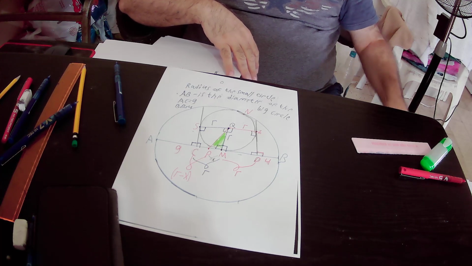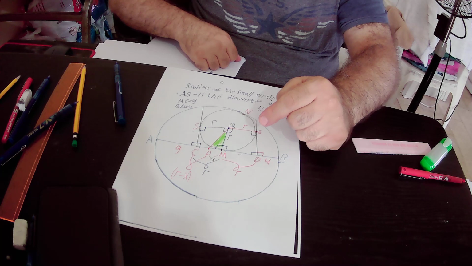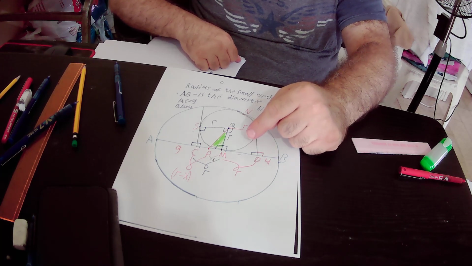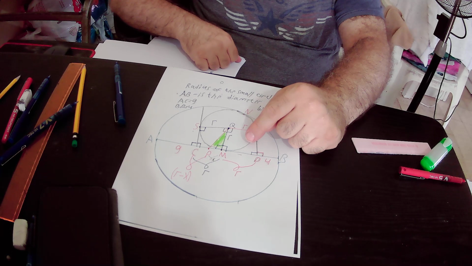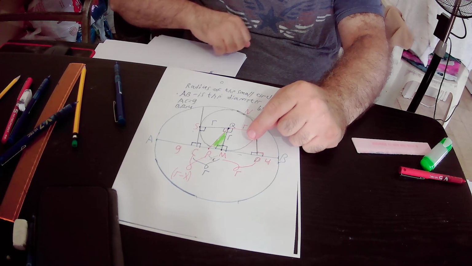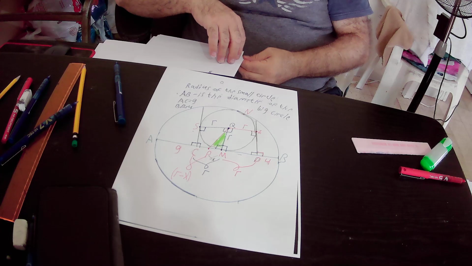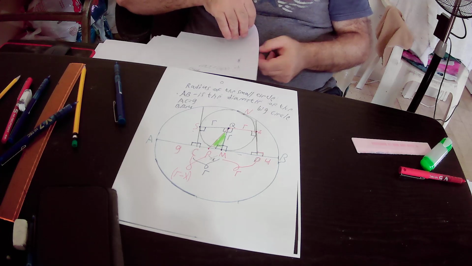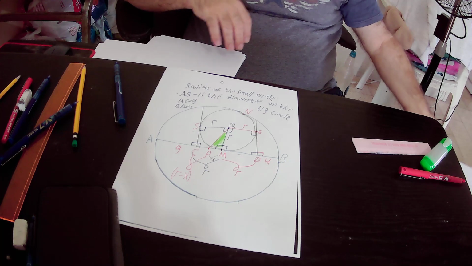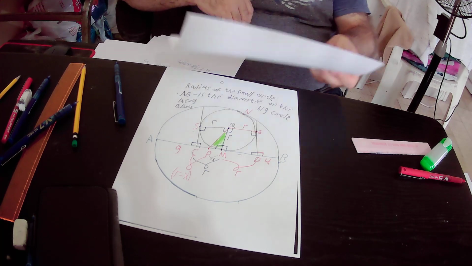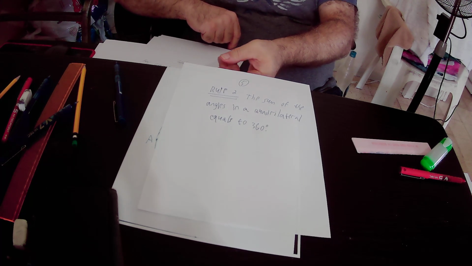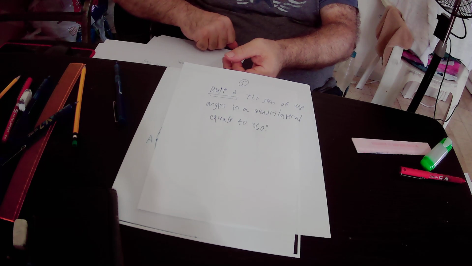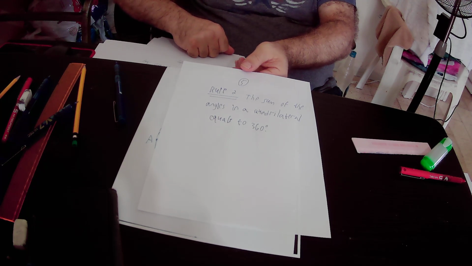Okay, so actually we have here quadrilateral QZMD that has 3 right angles, and the sum of the 3 right angles is 90 times 3, which is 270 degrees. And we have rule number 2 that states that the sum of the angles in a quadrilateral equals 360 degrees.